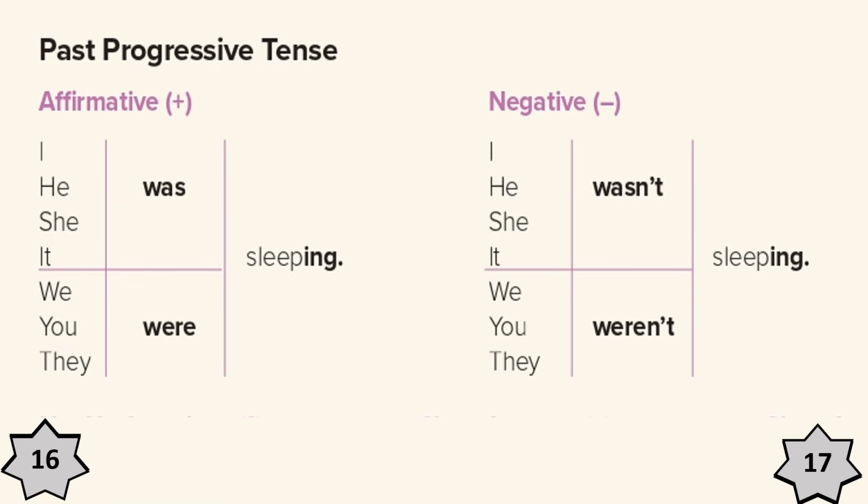In the affirmative. In the negative form, instead of using was and were, we use wasn't and weren't. I wasn't sleeping, she wasn't sleeping, we weren't sleeping, they weren't sleeping.